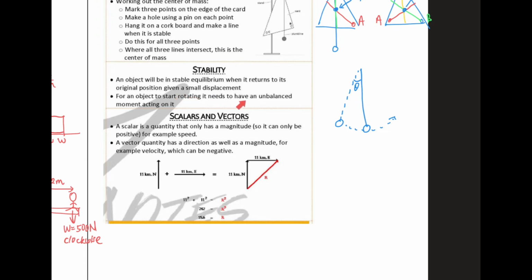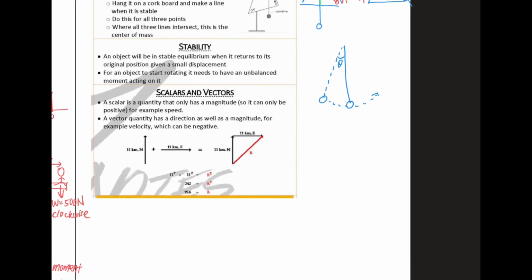They also mentioned that for an object to start rotating, it needs to have an unbalanced moment. Unbalanced moment means a clockwise moment or an anti-clockwise moment. How do we know it is an unbalanced moment?